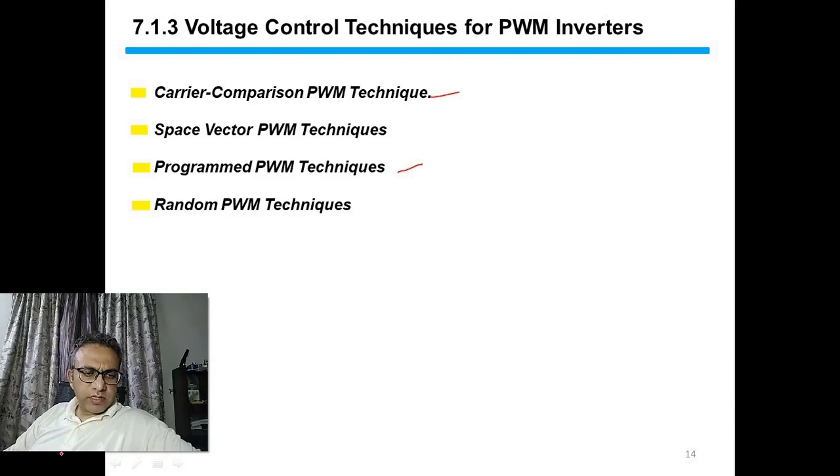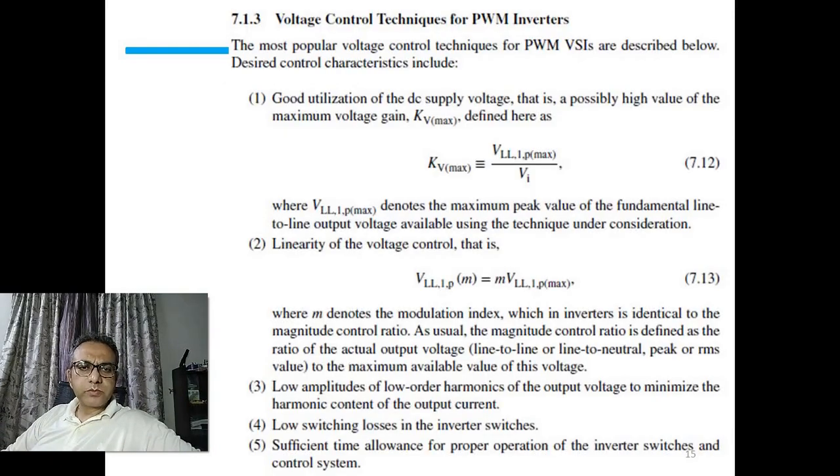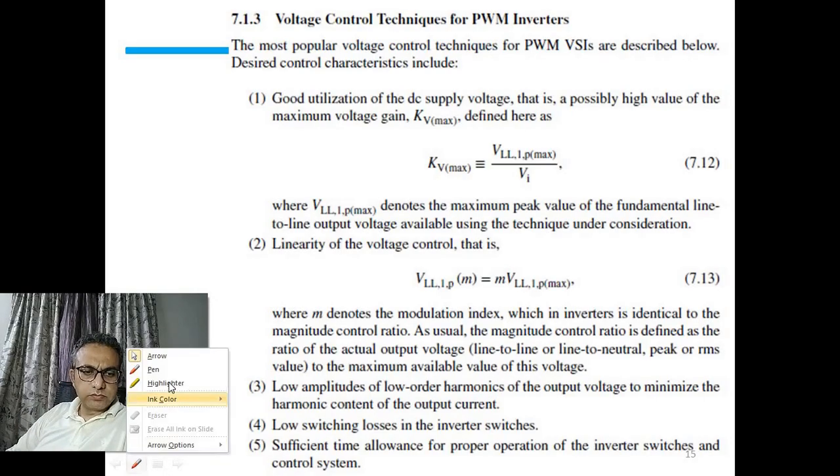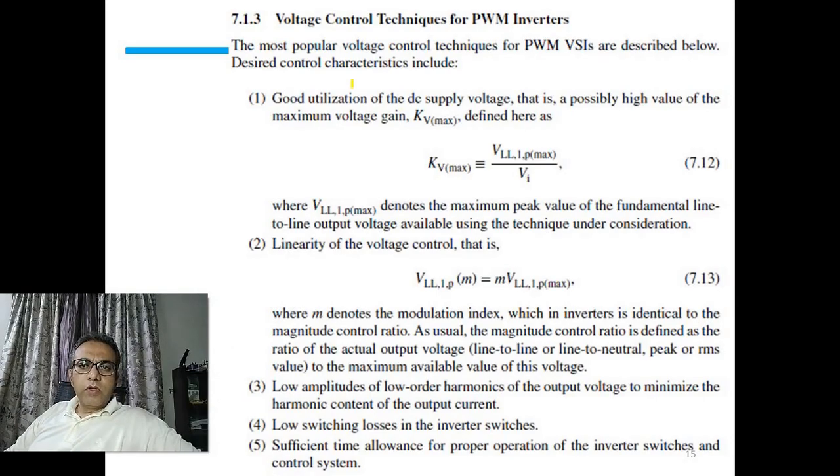Right, so now let us come to the next slide. Now in this slide, we want to discuss that out of the control techniques available, what are our desired characteristics?